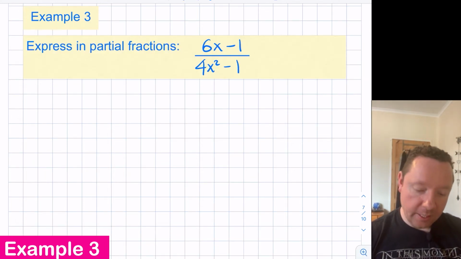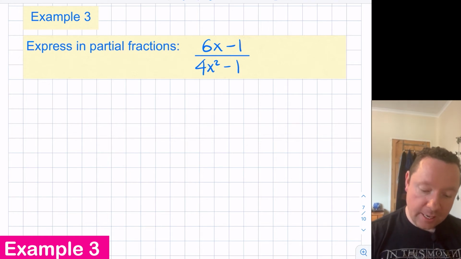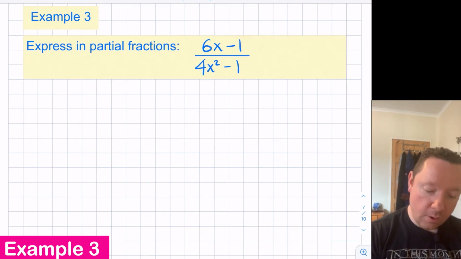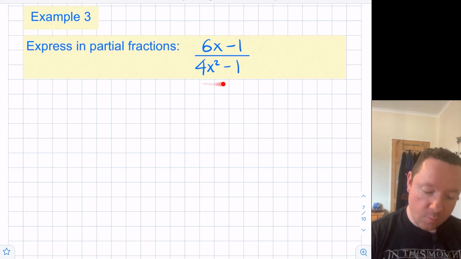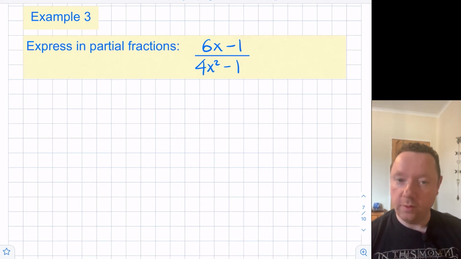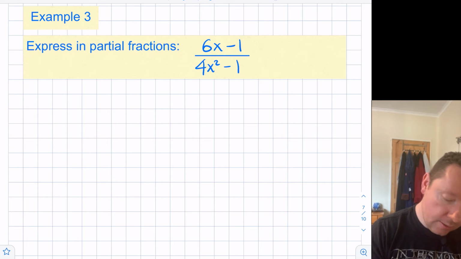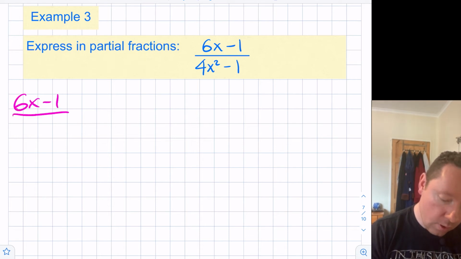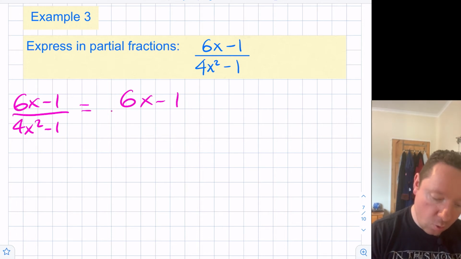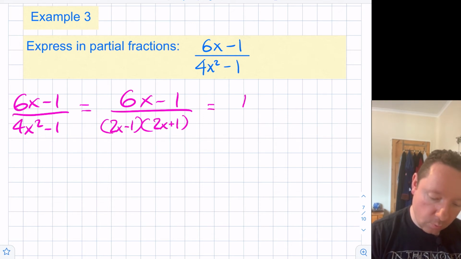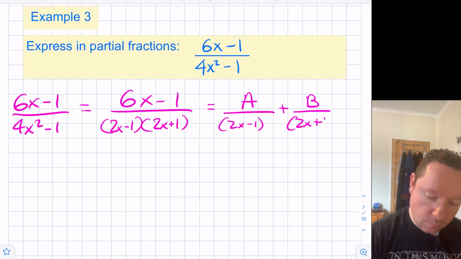Example 3 expresses in partial fractions 6x minus 1 over 4x squared minus 1. Well, this is not linear at the moment, but if we can make it linear factors, we're fine, we can do it. So let's try it. 6x minus 1 over 4x squared minus 1, well that's 6x minus 1 over a difference of two squares, 2x minus 1, 2x plus 1, so that must equal a over 2x minus 1 plus b over 2x plus 1.